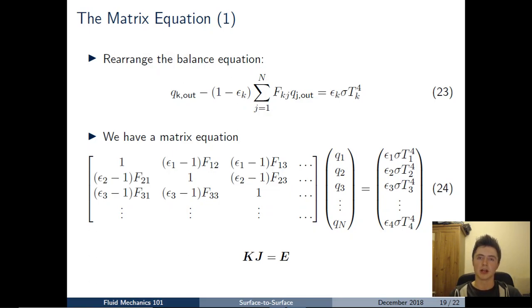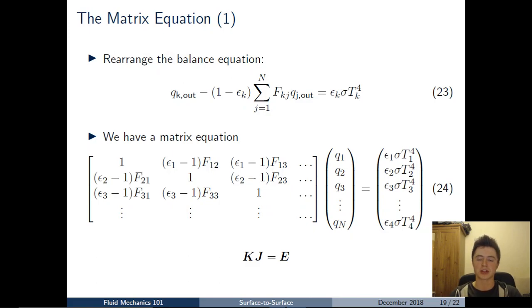To see that this is a matrix equation, think of k as the cell we're interested in, so that's the diagonal elements, and the off diagonal elements are given by the radiative heat flux that's emitted by the other cells that's incident on our cell k. That gives us the matrix equation in equation 24.